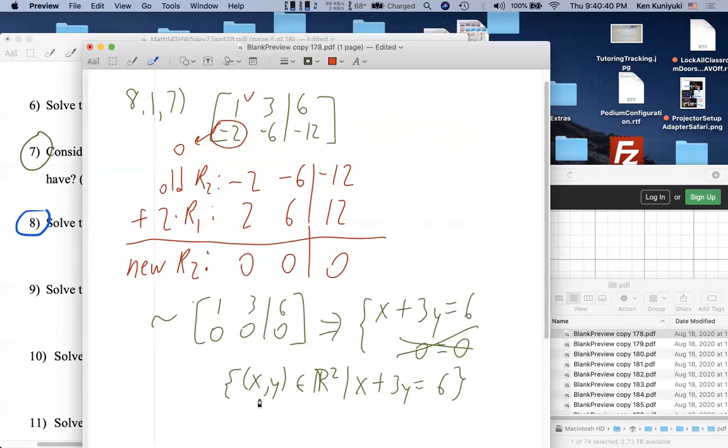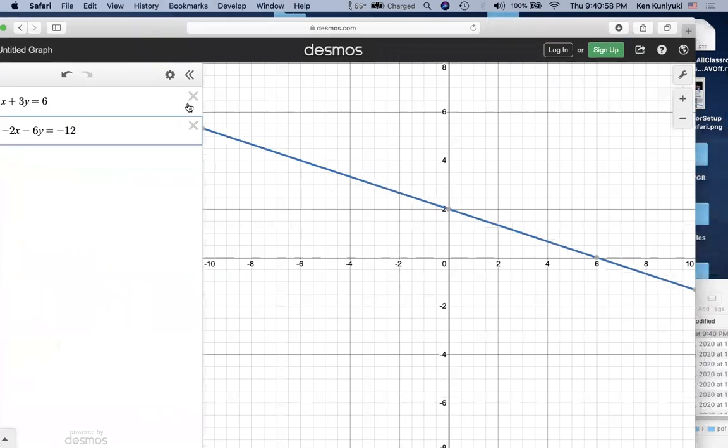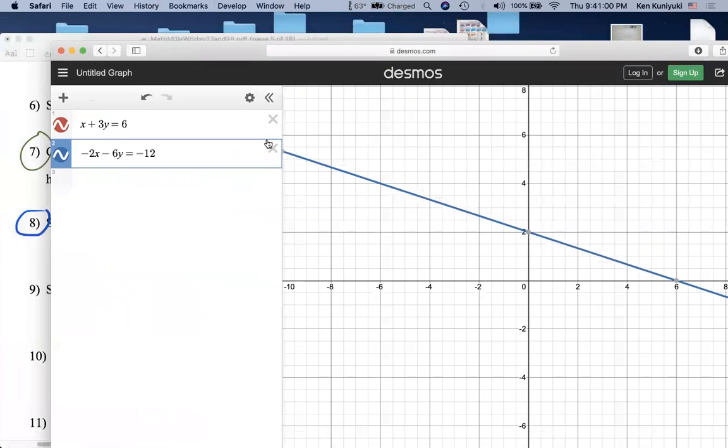But basically, any ordered pair in R2, which is real comma real, that satisfies this equation will be a solution. And if you consider the graph, every ordered pair corresponding to every point on this line will give us a solution. We have infinitely many solutions corresponding to infinitely many points on that line.